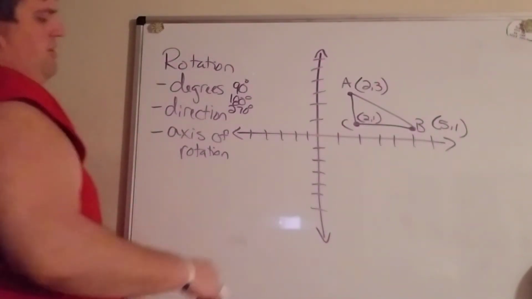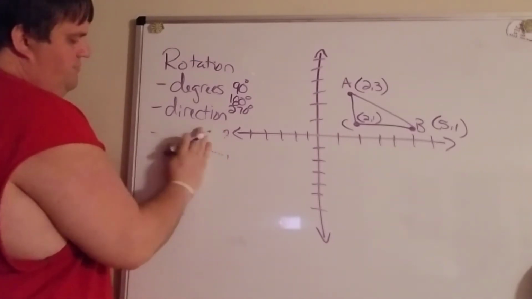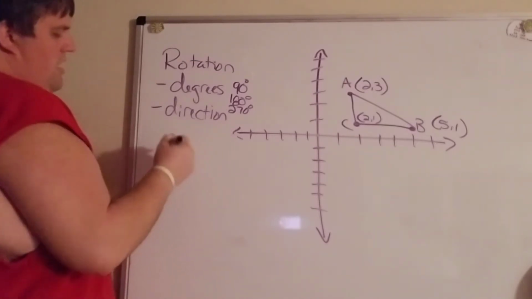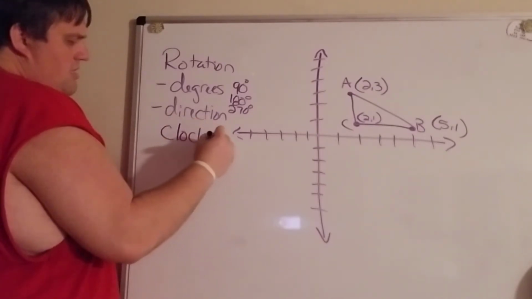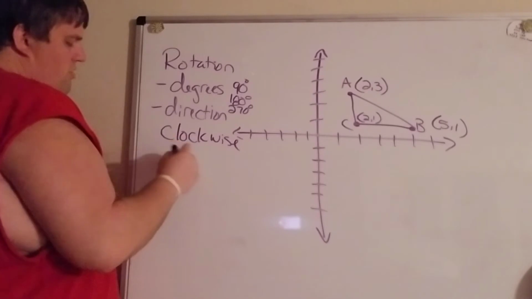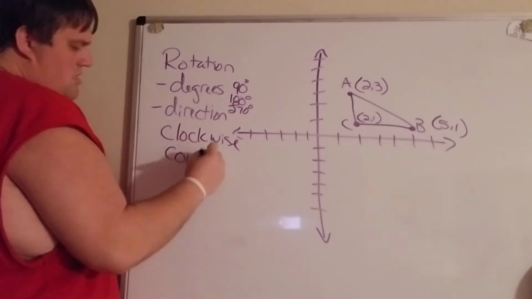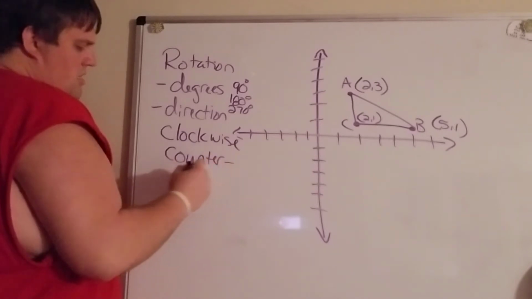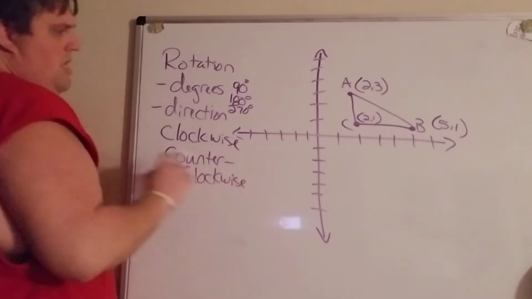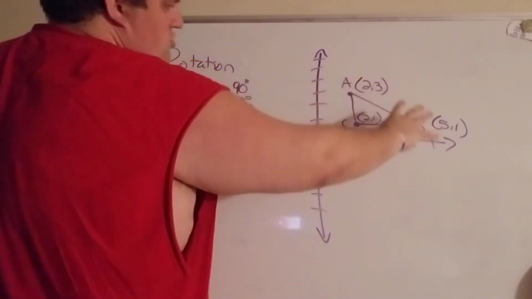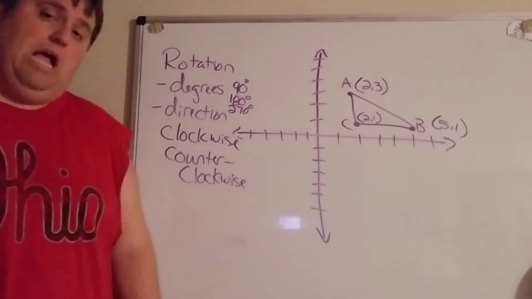Direction. I wish I would have spaced these out a little bit more. Direction. You have 2 options. Is it clockwise or is it counterclockwise? Which way are you going? If you're turning this way, like a clock turns, then you're rotating it clockwise.